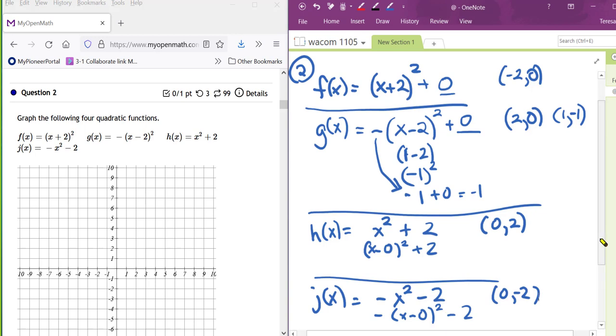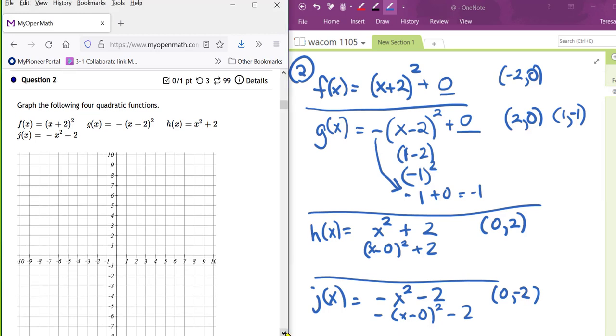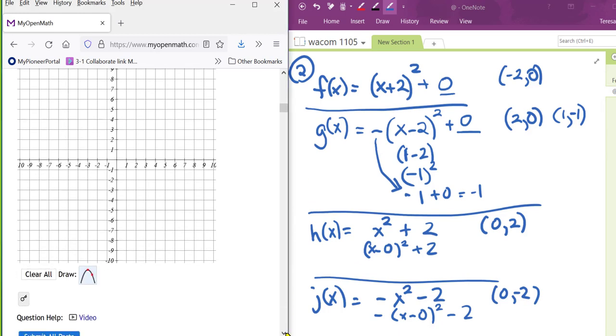All right, and we'll just graph 2 of these. Let's graph the one that is going to flip upside down, this one. So we'll graph G, because I picked 2 points for it. So 2, 0 will be here, and 1, negative 1. So you can see that one flips down. And let's do one more. Let's do this one.